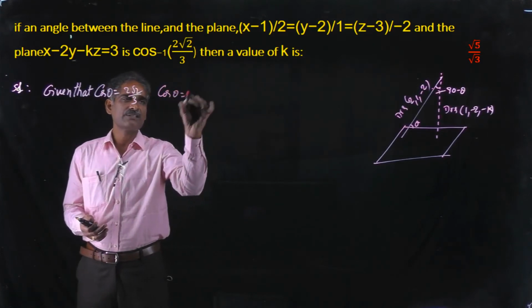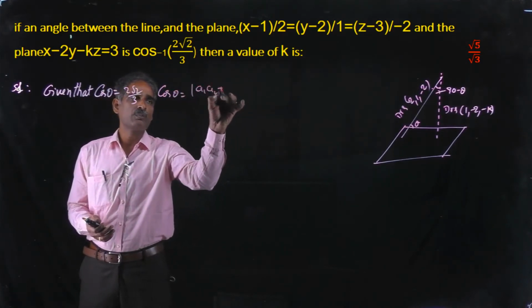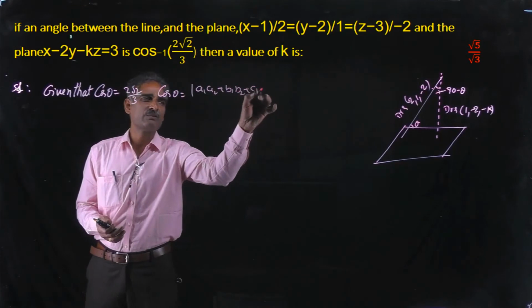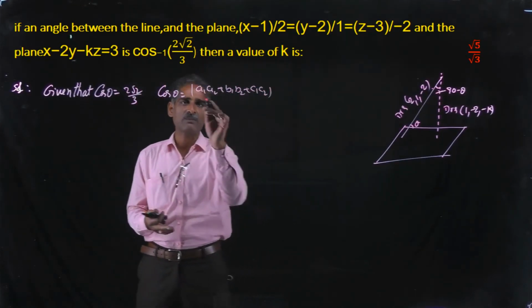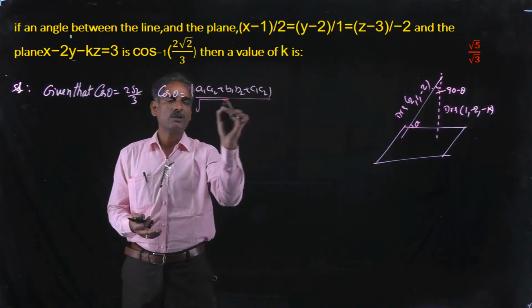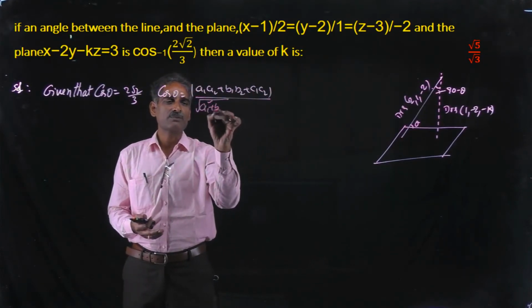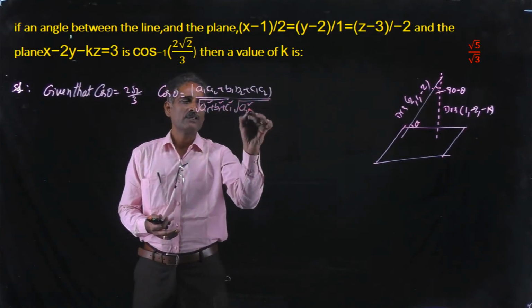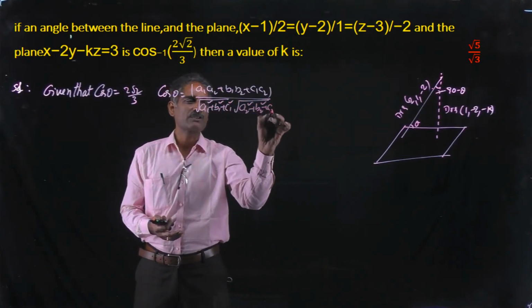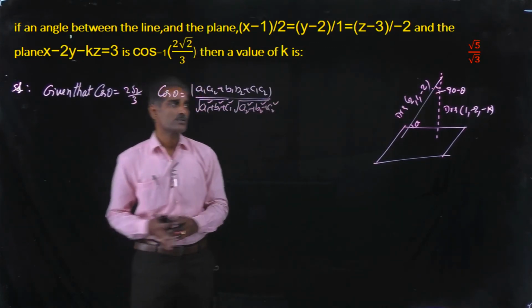Cos theta is equal to a1 a2 plus b1 b2 plus c1 c2, if a1, b1, c1, a2, b2, c2 are the drs of the two lines, over root of a1 square plus b1 square plus c1 square into root of a2 square plus b2 square plus c2 square.